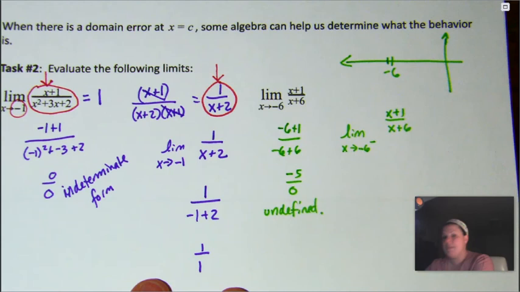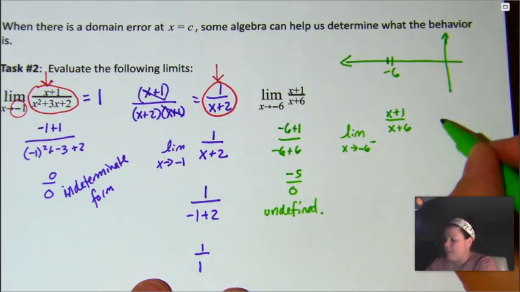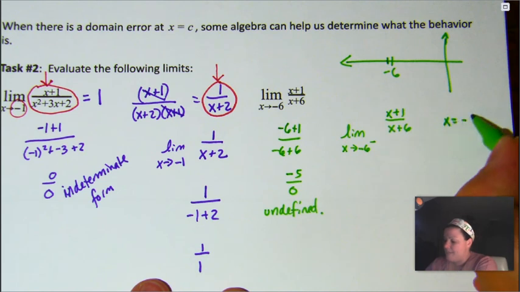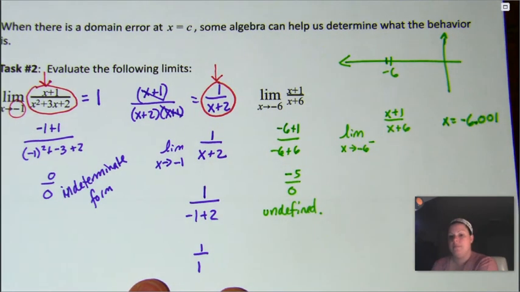What would be something really, really close to -6 over there? We can take a look at maybe x equal to -6.001. And I'm going to try plugging that in and just seeing what's going on with the point that's super, super close to -6.